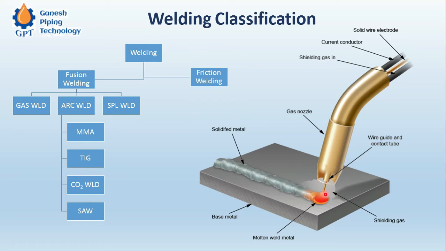If it is less than the arc gap, the wire will stick with the base metal, and if it is more than that gap, then there will be spatters. Spatters are a kind of improper welding. These spatters we are going to see in the second part of this video.